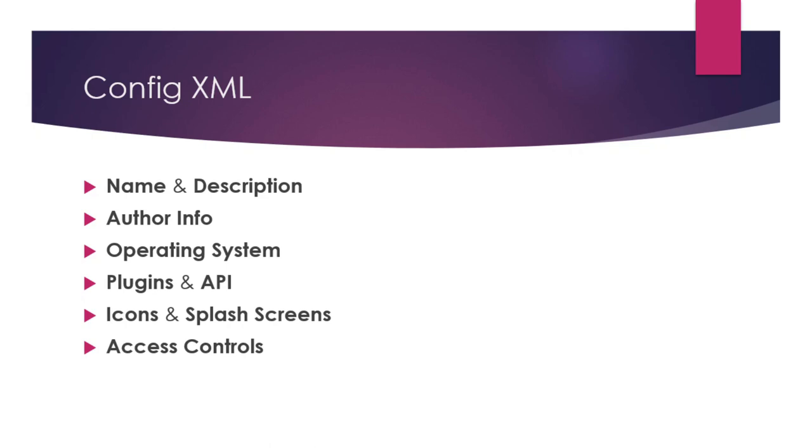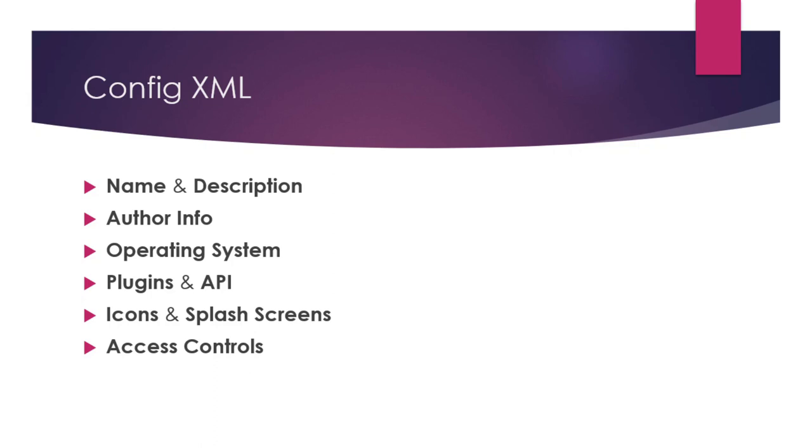Okay, lastly, let's look at the config.xml. The config.xml is the core, the heart of your application. It is the central file which contains all the important information about your application: the name, description, the author information. Something like the author information may not be so important. Then your operating system.